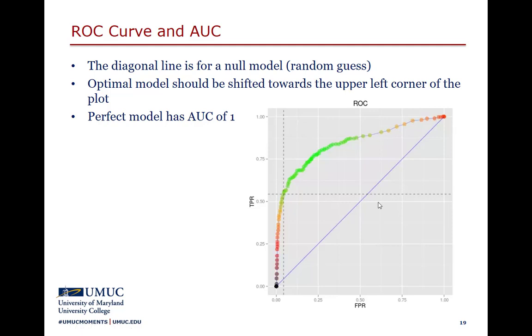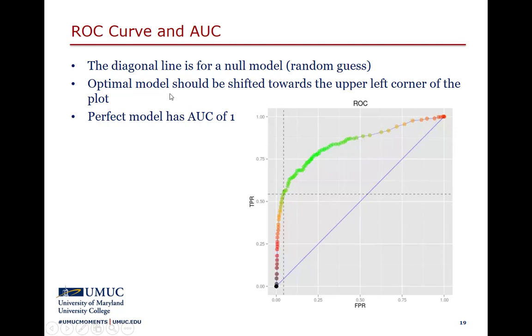A very important parameter that goes with the ROC curve is the area under the curve. That means you calculate the area under the curve and you want to maximize that. So you pick a threshold value that increases the AUC. It's called AUC. So part of analyzing the ROC curve involves calculating the area under the curve.